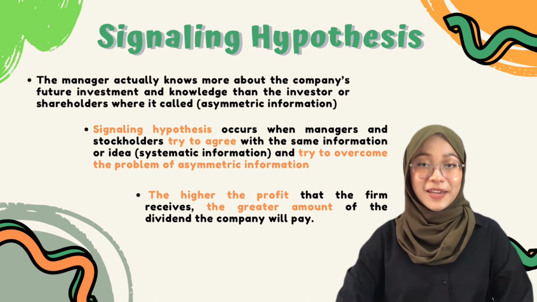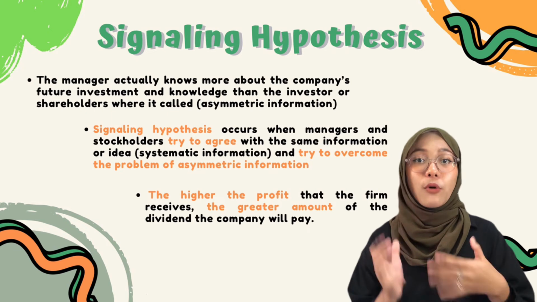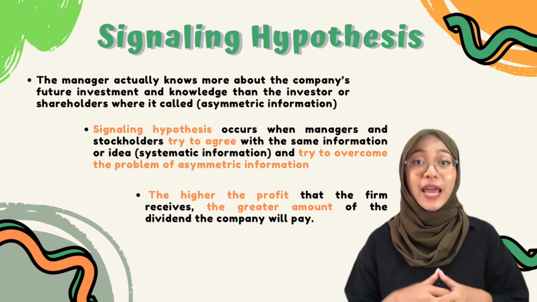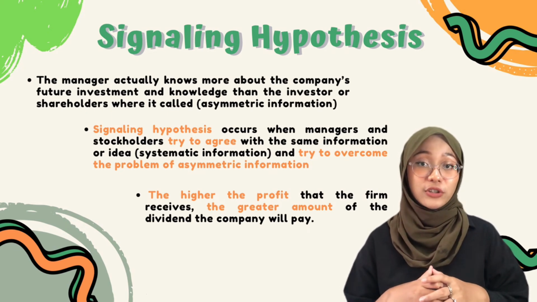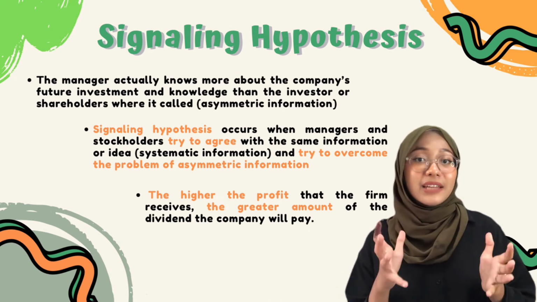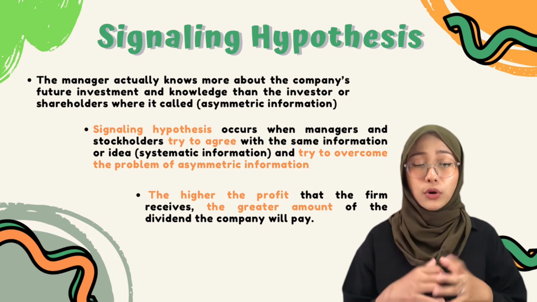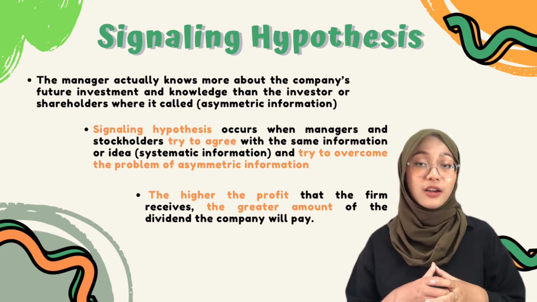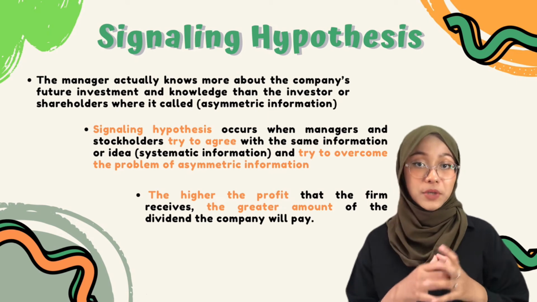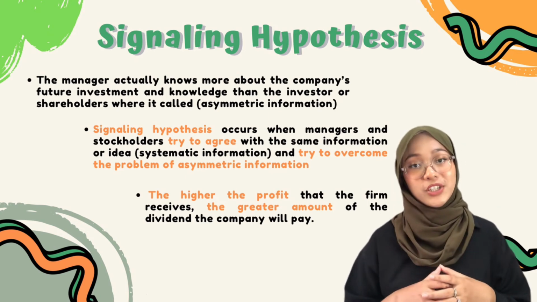Next, signaling hypothesis. In signaling, the managers actually know more about the company's future investment and knowledge than the investors or shareholders, what I call asymmetric information. Signaling hypothesis occurs when the managers and the stockholders try to agree on the same information or idea, which we call symmetric information, and try to overcome the problem of asymmetric information.